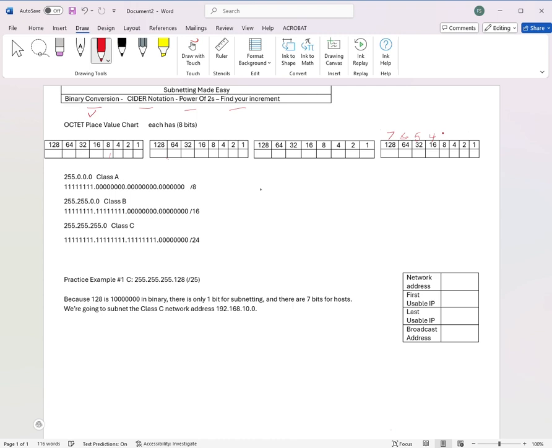That equals 16. 2 is raised to the power of 3. That equals 8. 2 is raised to the power of 2.